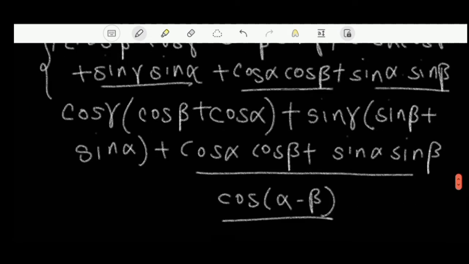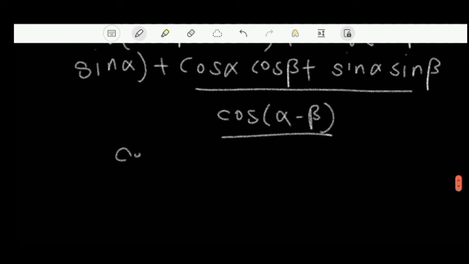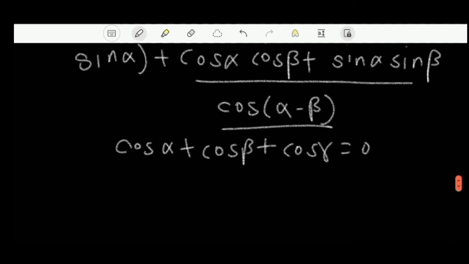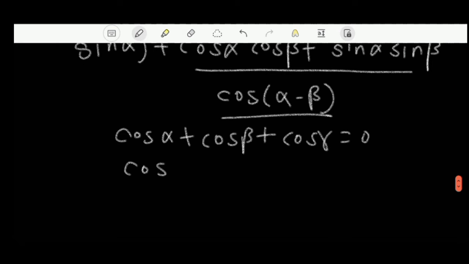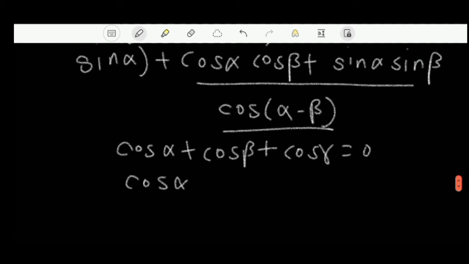So what we can say is that cos alpha plus cos beta plus cos gamma equals 0, which simply implies that cos alpha plus cos beta equals minus of cos gamma.